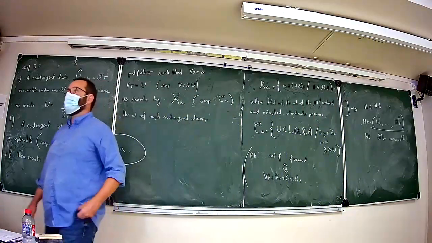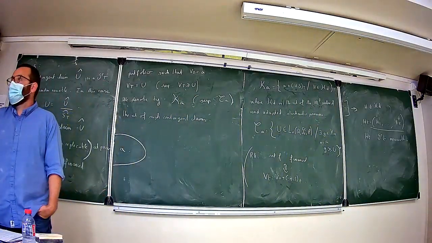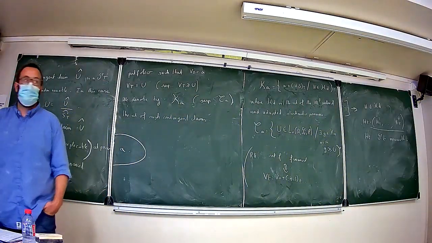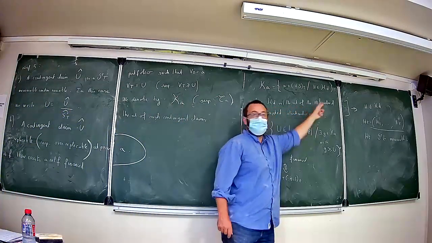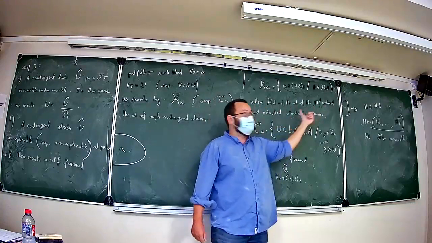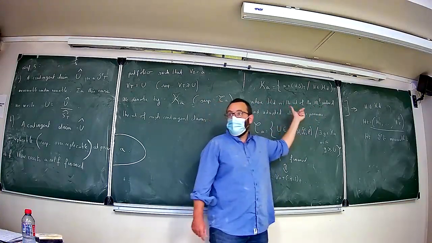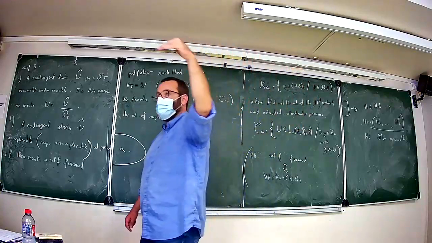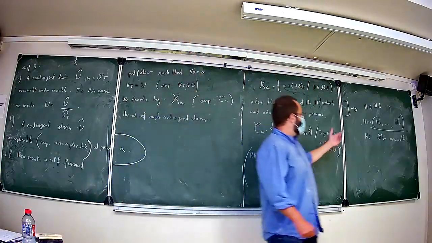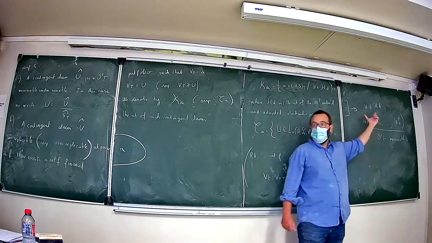So H calligraphic D is a sigma algebra? No. I define this one as the set of the R^D valued stochastic processes that are adapted. It's a definition. I denote by H_D the set of the R^D valued stochastic processes that are adapted, that is exactly the set of the elements of this form here.